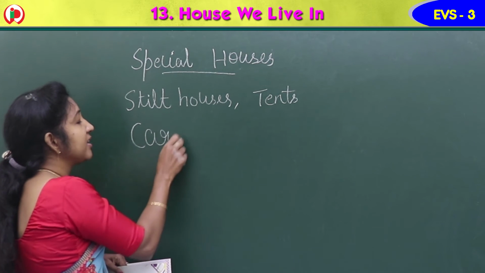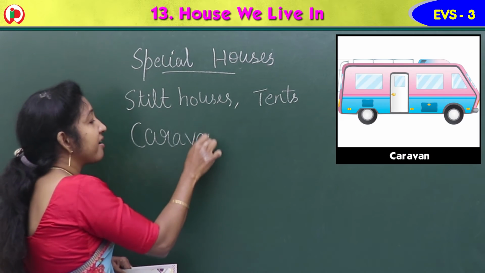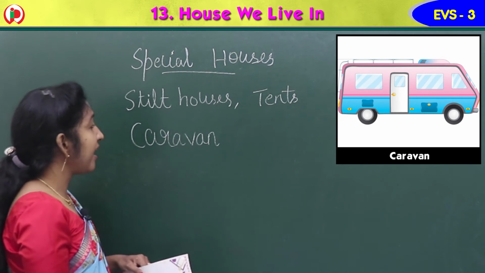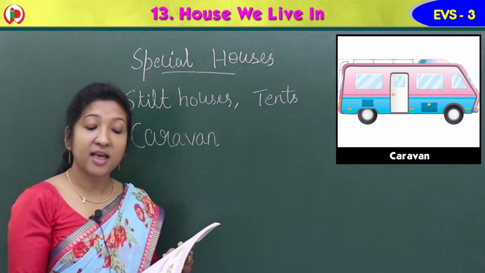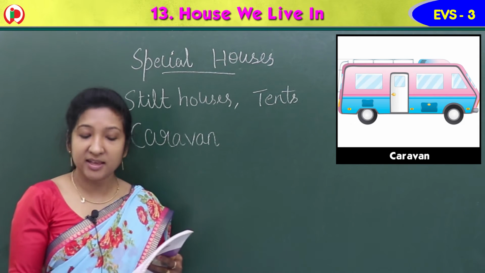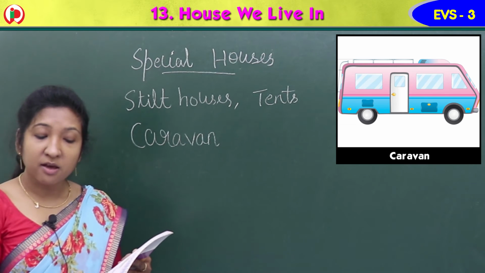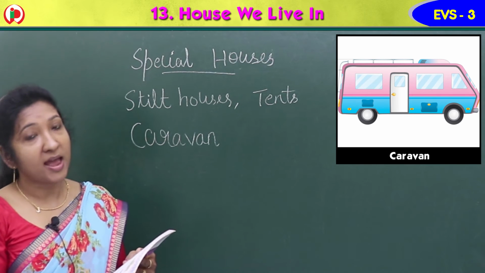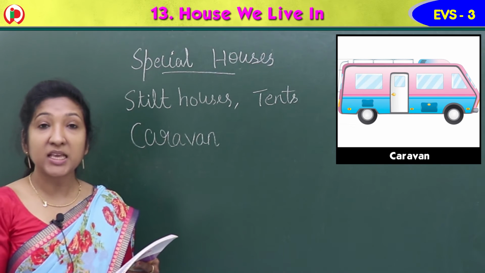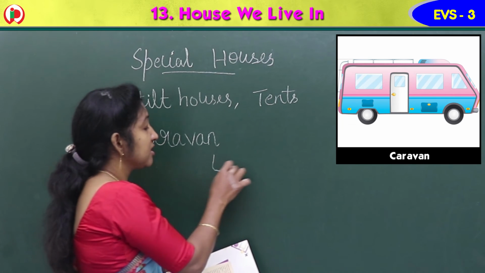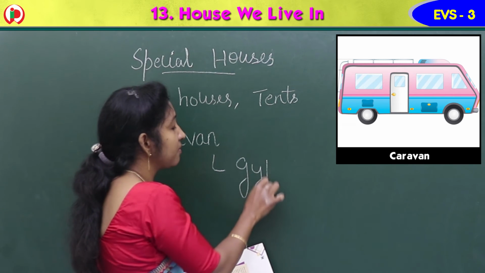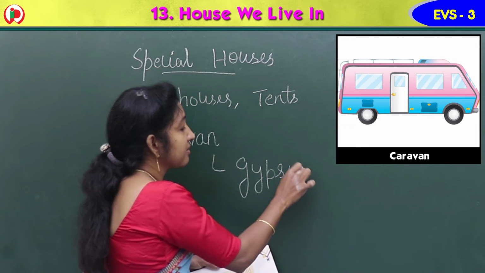A house on wheels is called a caravan. C-A-R-A-V-A-N, caravan. A caravan is a house on wheels. It moves from one place to another. It is used by gypsies and circus performers. Gypsies.